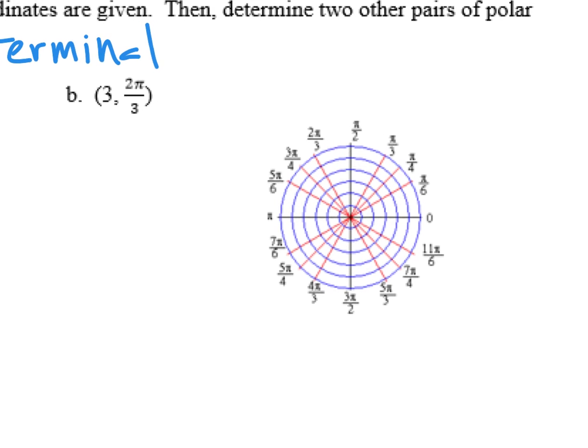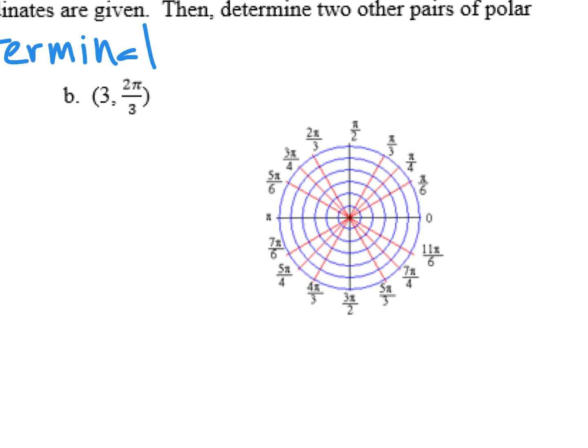All right, first things first, let's graph this. So I'm over at 3, and the angle says to go to 2 pi over 3. Now remember, r could be plus or minus 3.